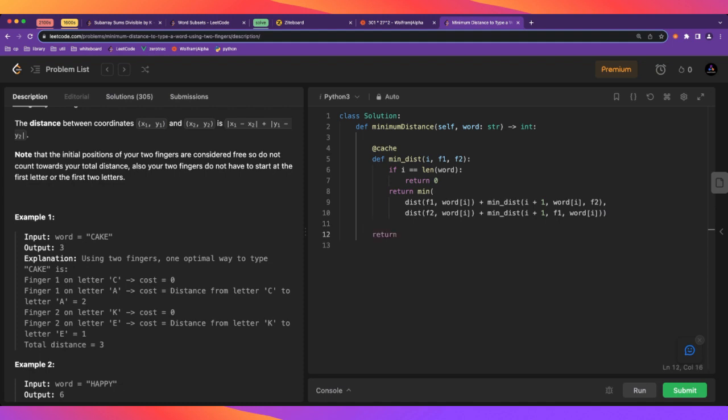Initially we're going to use None to represent a free finger, and we need to make sure that the distance between None and a character is 0. So here we want the mindist of 0, None, and None. This is our main code. It's pretty simple.